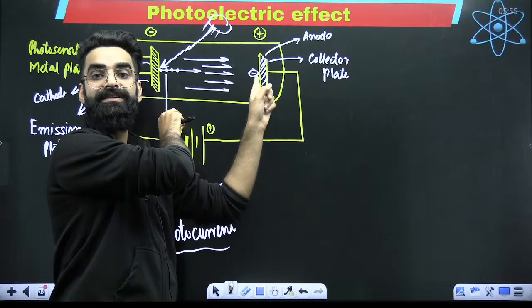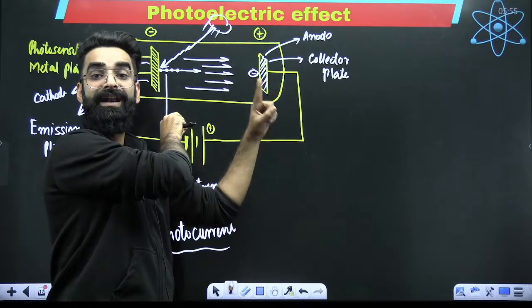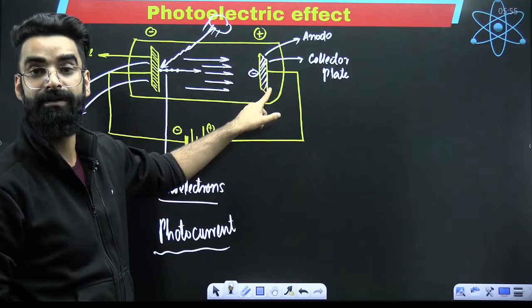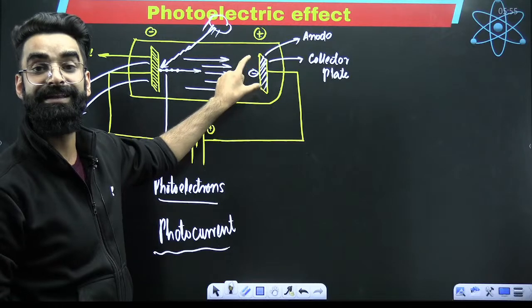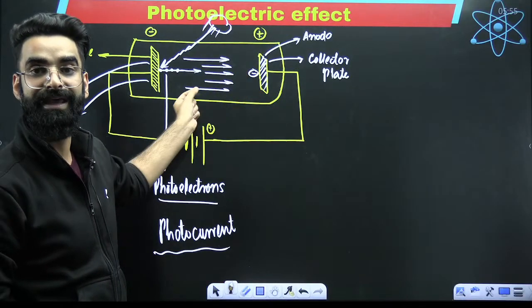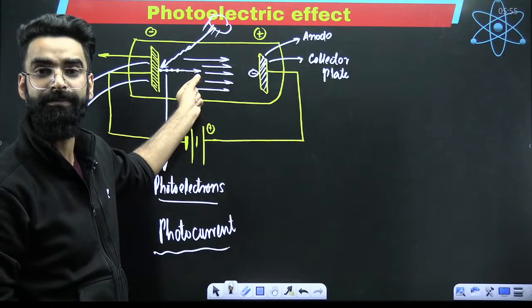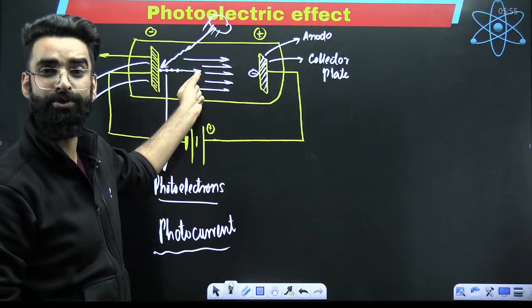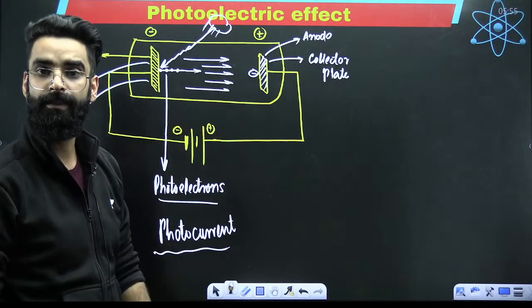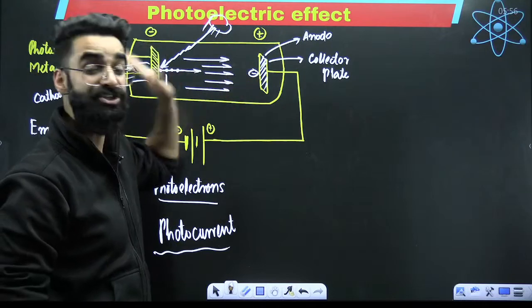I'm continuously increasing the reverse potential of this plate. What is going to happen? Can I say there'll be a time at which the most energetic photoelectron will stop? That will not reach this anode.